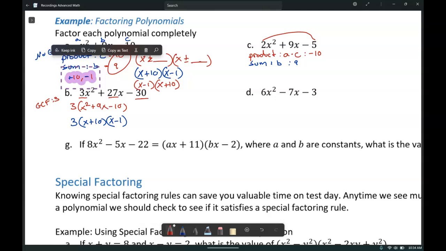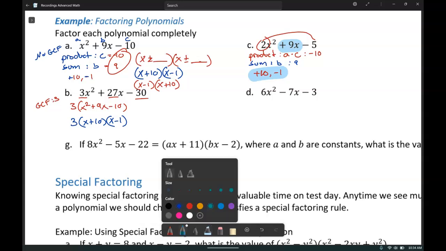Now you'll notice that those are the same values that we had over here, which means we're going to be using the numbers 10 and -1 again. But what we do with those numbers is going to be different because of the leading coefficient. Those won't be our factors, but instead we're going to take the middle term, the linear term, and split it into 2 terms with 10 and -1.